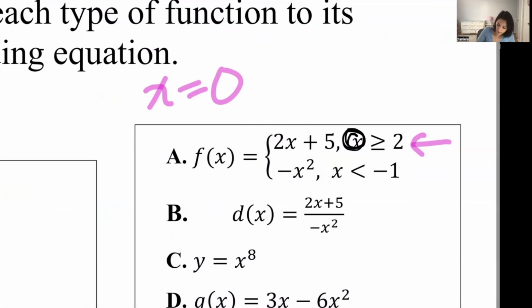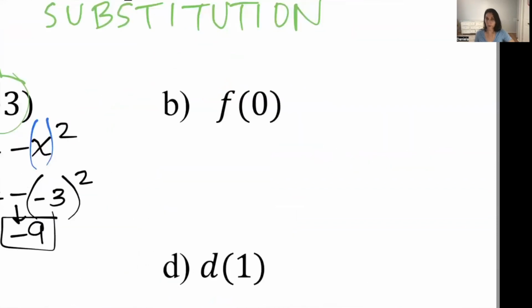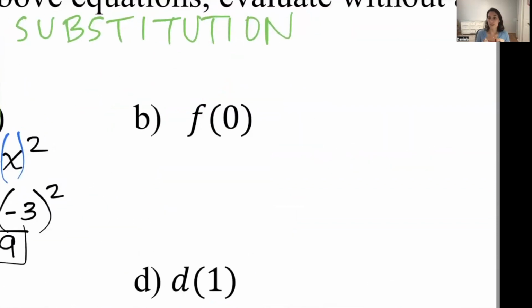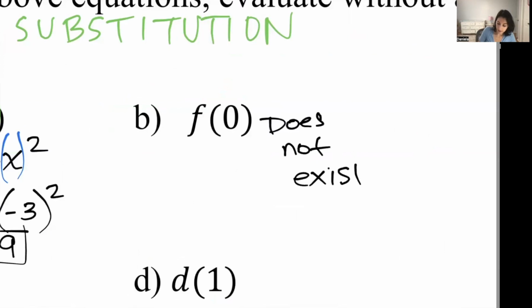No. Is 0 less than -1? No. So that just means that if you were to graph that piecewise function, 0 would not be on the graph. So the answer here, I'm just going to write does not exist. Or you can write DNE, does not exist.